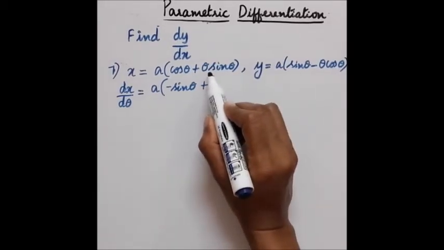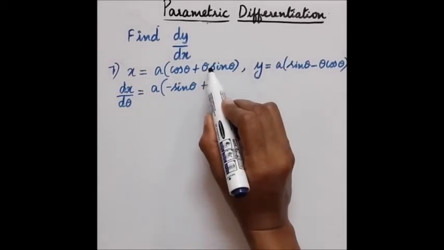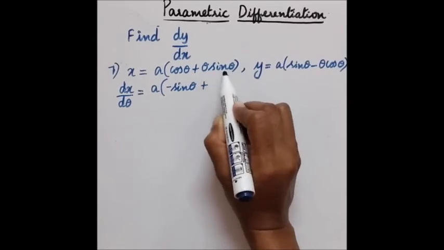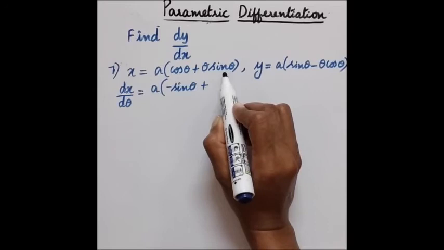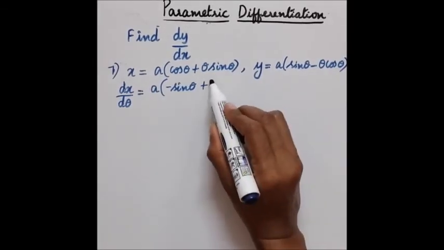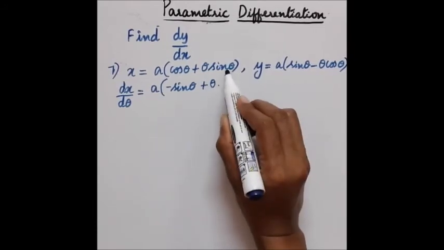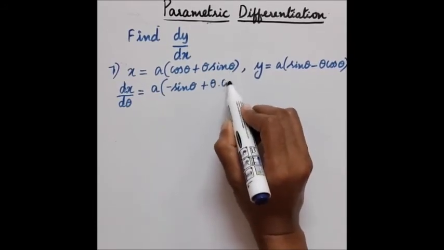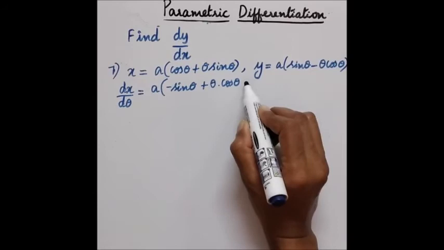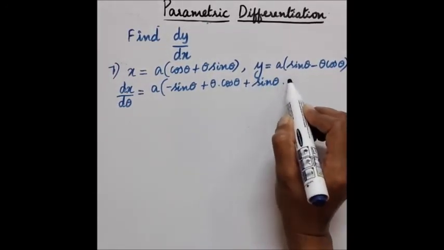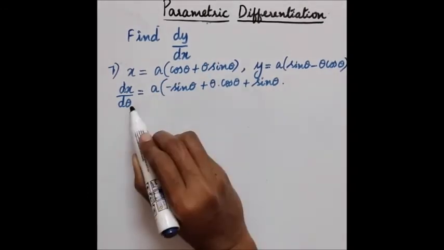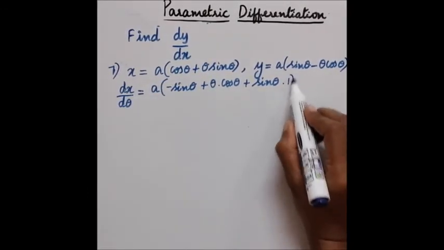Now the second part, just observe, it is theta into sin theta. So product of two terms or functions. So we need to use the product rule. You are all familiar with the product rule. What is that? The first term into derivative of the second term, that is here cos theta, plus second term into the derivative of the first term with respect to theta, that is 1.